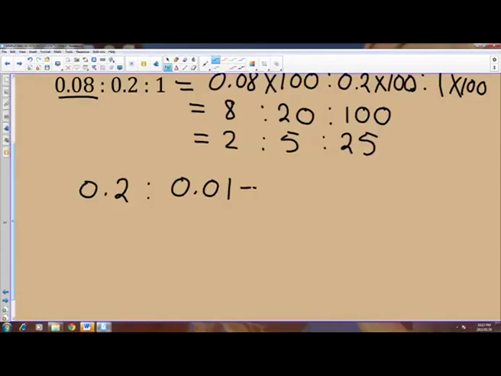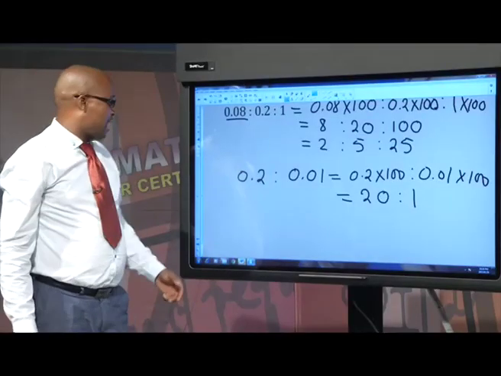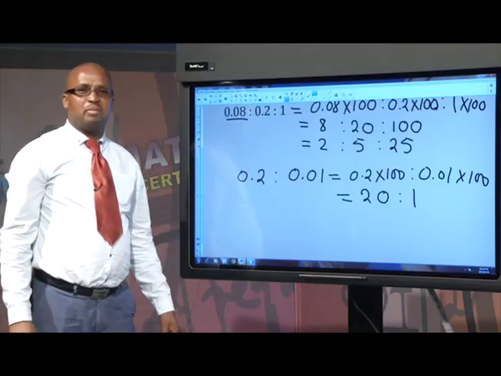This will be 0.2 times 100 is to 0.01 times 100. And this will simply be 20 is to 1. So this simplifies to 20 is to 1. This is how we simplify ratios involving decimals.